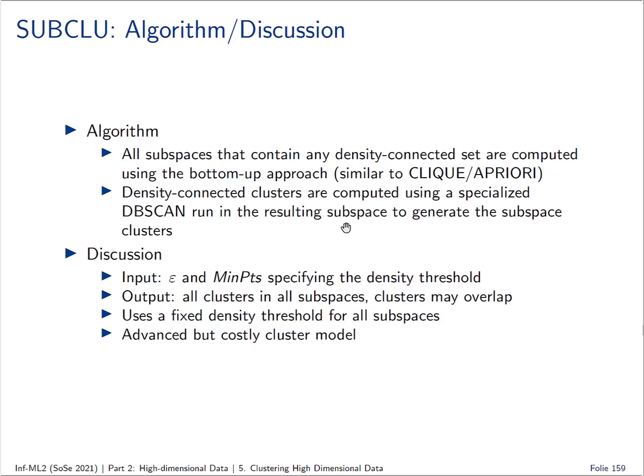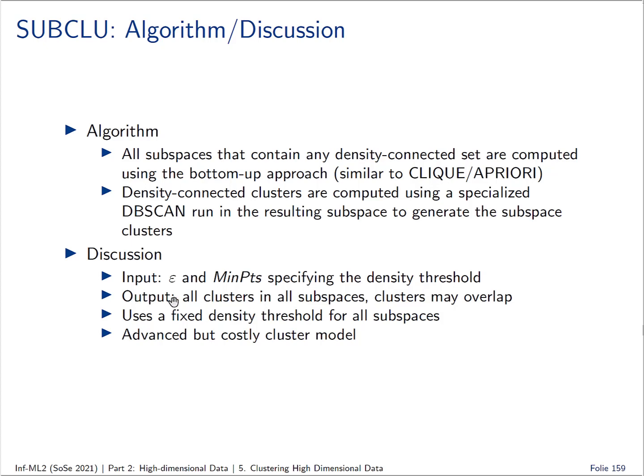But at least with this a priori Clique-style approach, we can explore the exponential number of subspaces like before. And like before, we have two input parameters specifying the density threshold, one for the volume, one for the minimum number of points in the volume. Now the volume is epsilon, the radius around each point, and minPts is the minimum number of points in a cluster as before.